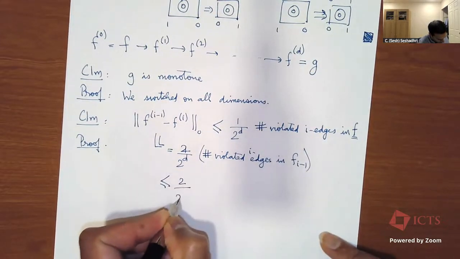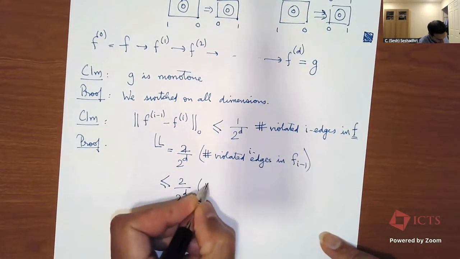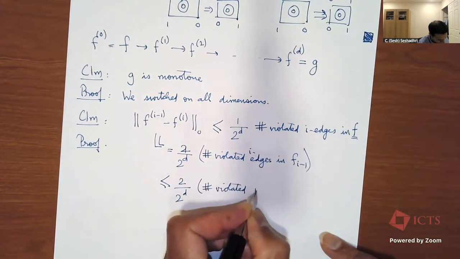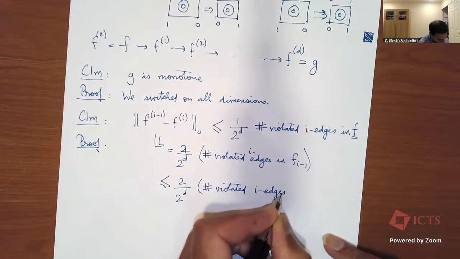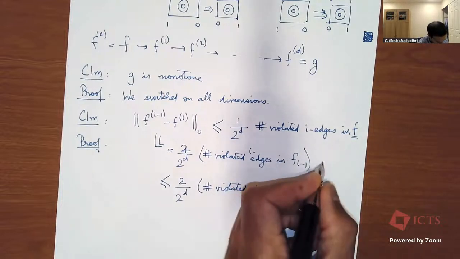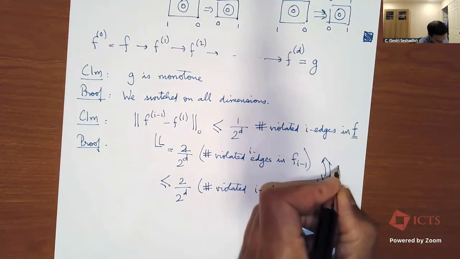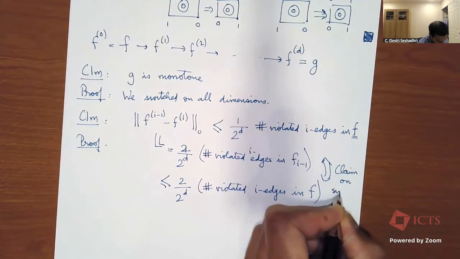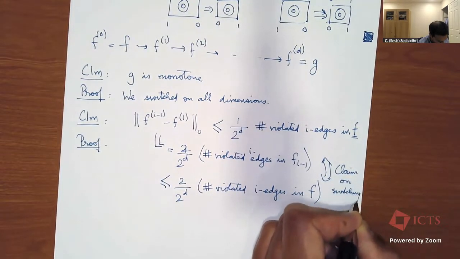So you get 2 divided by 2 to the d of the number of violated i edges in F. And this is the key, and this is by the switching claim on switching.